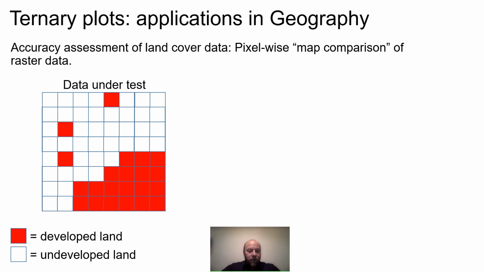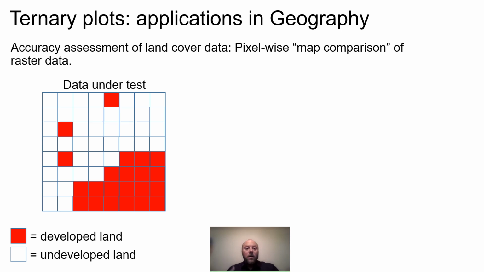So I've created this schematic visualization here. We have a categorical data set. It's not really land cover data, it's just a binary data set that distinguishes between developed and undeveloped land. Red pixels are developed areas, white are undeveloped areas.